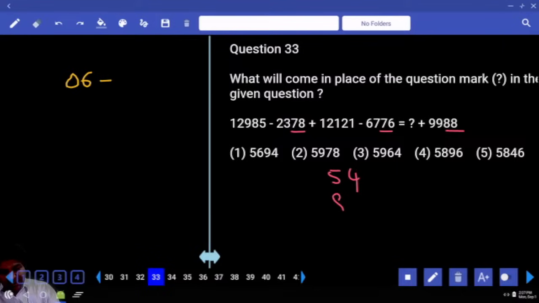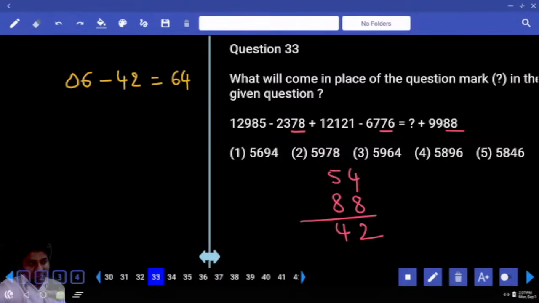And right hand side 88. That is 42. How much? From this, if you subtract 42, from 06 we cannot subtract 42. Let's subtract it from 106. Answer 64. Answer should end with 64.